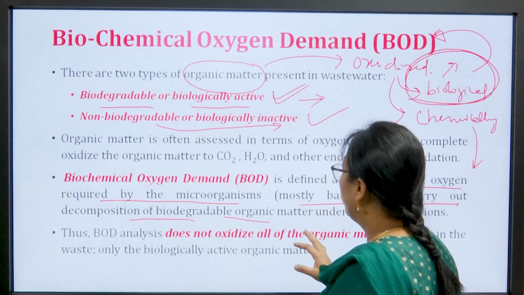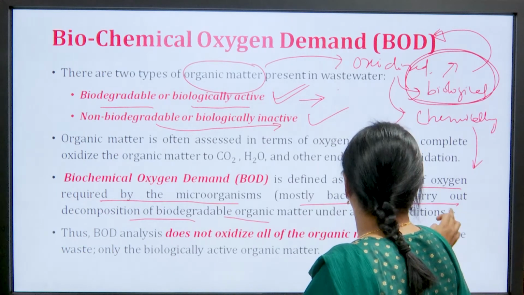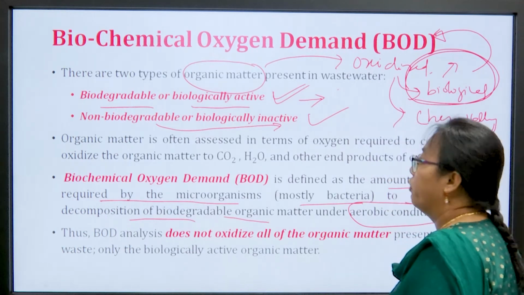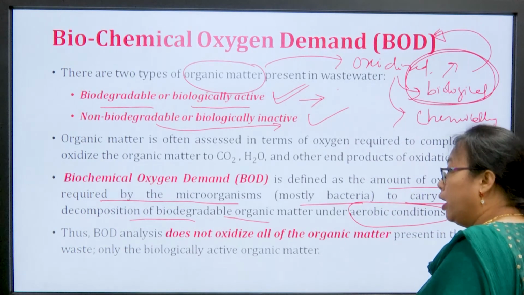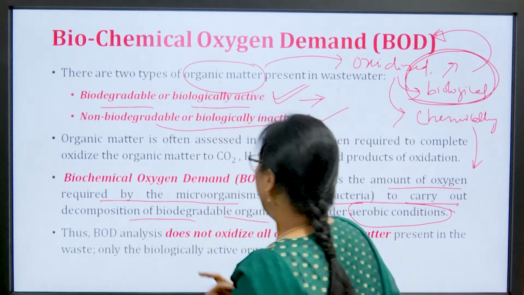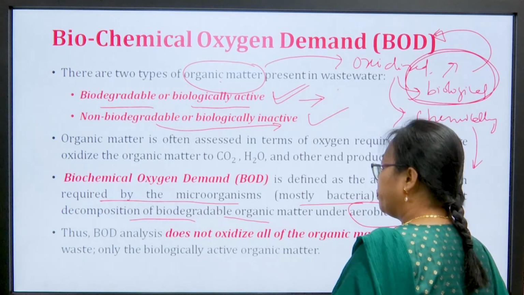So, you are going to use this bacteria in aerobic conditions. They are going to be either aerobic bacteria or facultative bacteria working aerobically, which are going to decompose this organic matter. Okay. So, that is called biochemical oxygen demand, right.